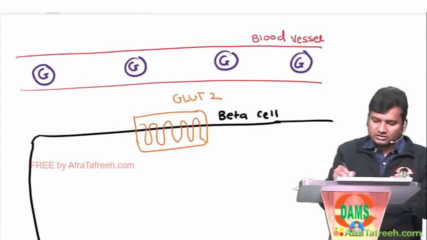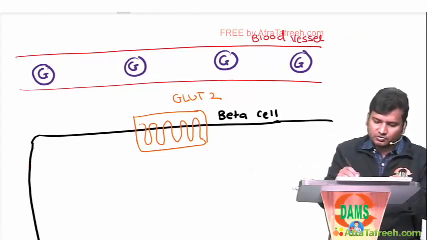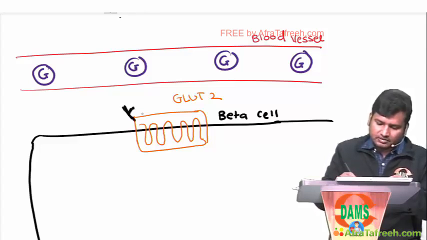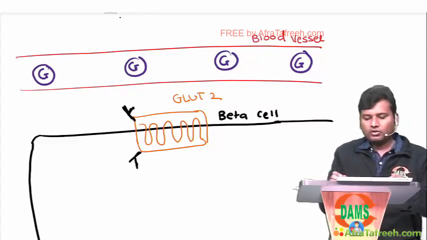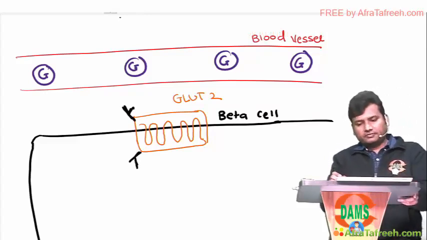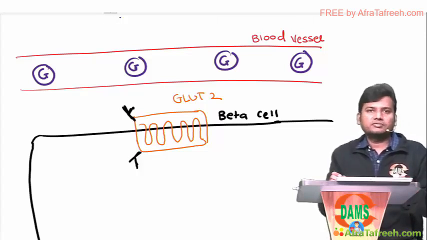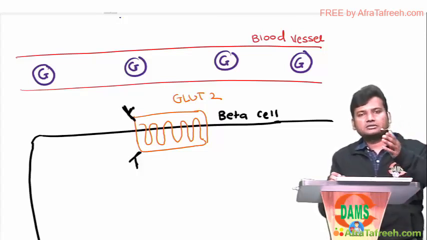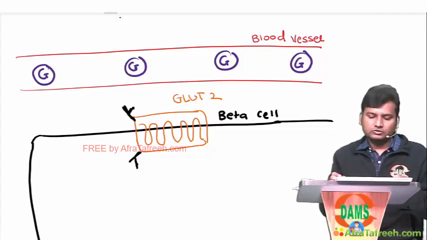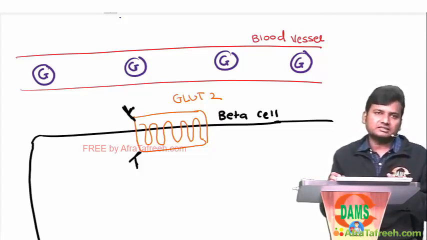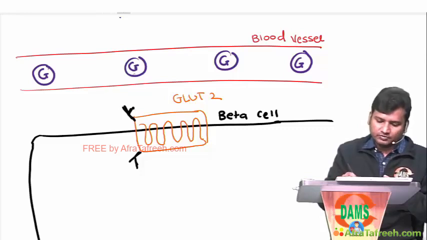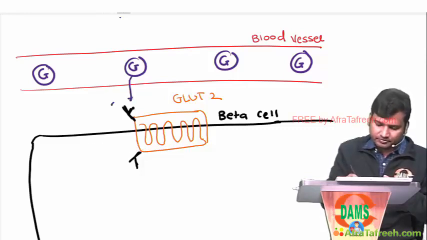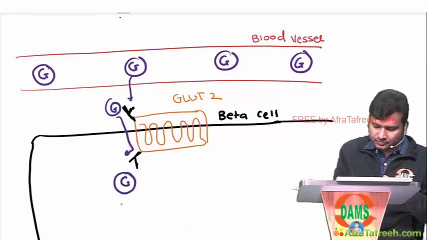These GLUT2 transporters will transport the glucose. The property of GLUT2 transporters is that they transport glucose from high concentration to low concentration. So when glucose in blood increases, they will transport glucose from blood to beta cell.